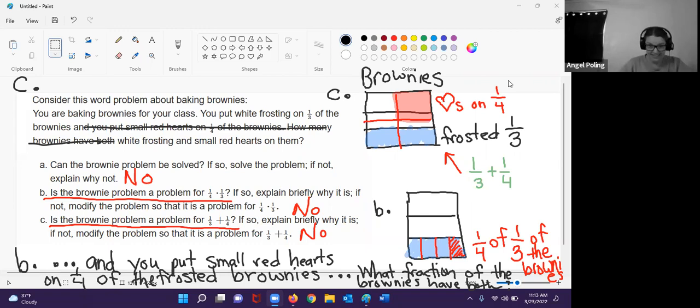And for C, then, let me look at our question. You put white frosting on 1/3 of the brownies, and you put red hearts on 1/4 of the brownies.